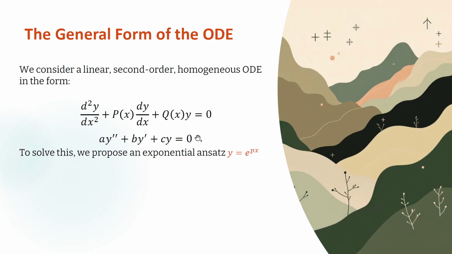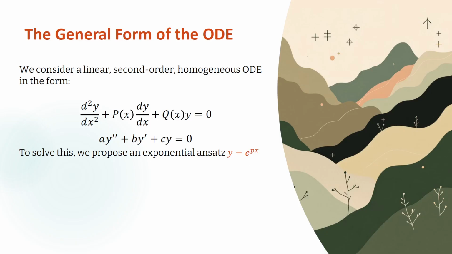For instance, the general form of our ODE in this presentation has x as the independent variable. This is the reason why our exponential ansatz here is e to the px, that is, y as a function of x.